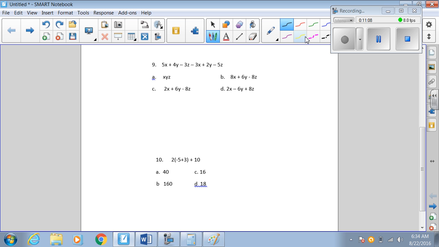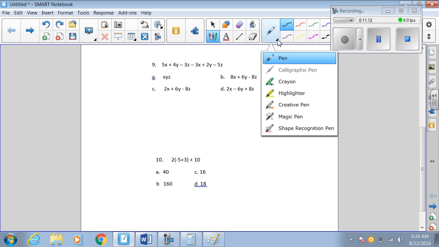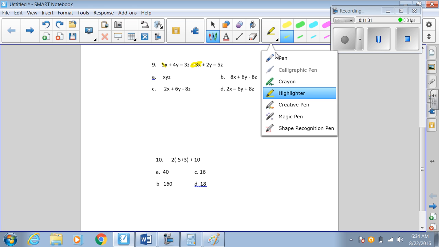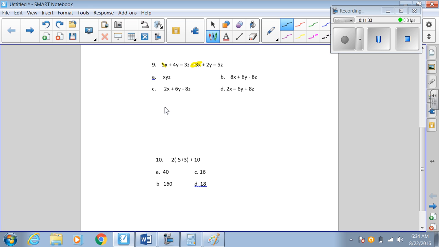I'm going to go to my highlighter here so I can find them easily. My x's are my 5x and my negative 3x. We already know that makes 5 minus 3, so that's going to be 2x.